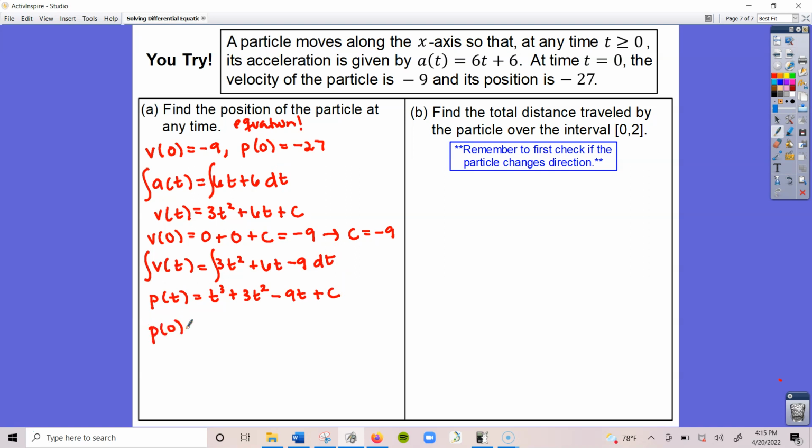So p of 0 is going to equal 0 to the third, 0, plus 0 squared is 0, minus 9 times 0, plus c is negative 27. So I have here that c is equal to negative 27. So my final answer, my particular solution for the position function, is t to the third plus 3t squared minus 9t minus 27.